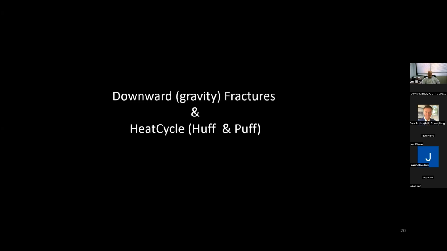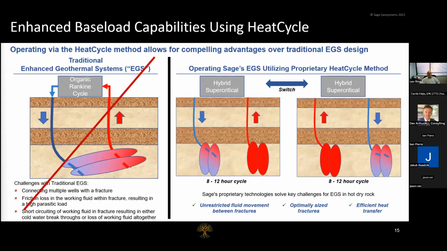Okay, well, let's see what we can do with this. First, let me go back. You need to be able to grow fractures downward. Why? Because if fractures are growing preferentially up, what's going to happen is the working fluid, the hot fluid, is going to have lower density, and the colder fluid is going to have higher density.